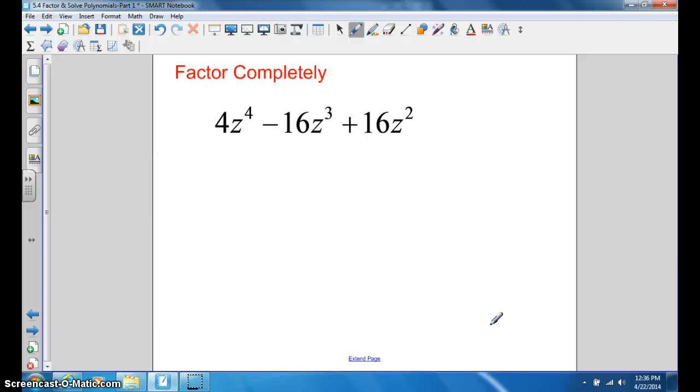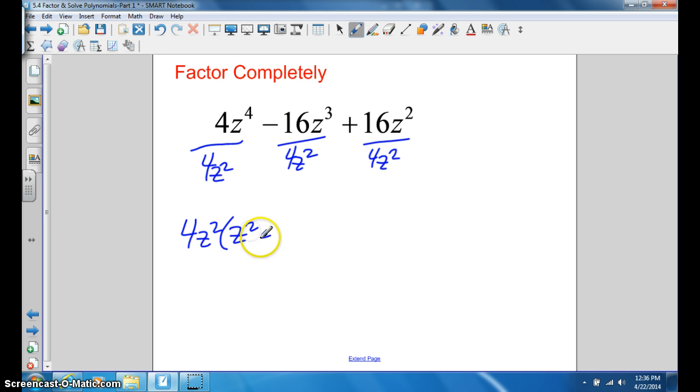This next one here, they all have a 4 in common, and we can also take out a z squared from each. When we do that, we are left with z squared minus 4z plus 4. So now look at this trinomial and see if this can factor.